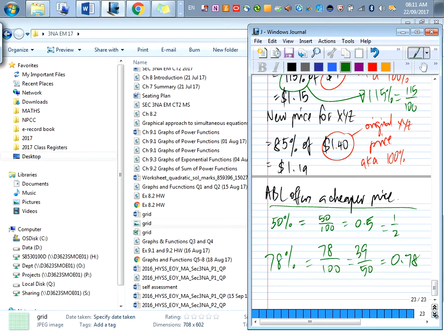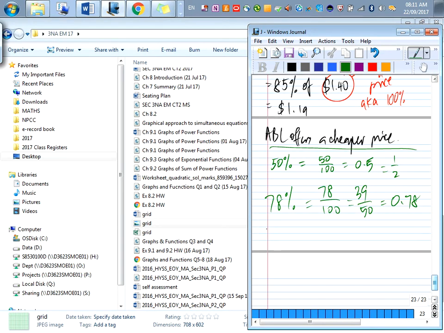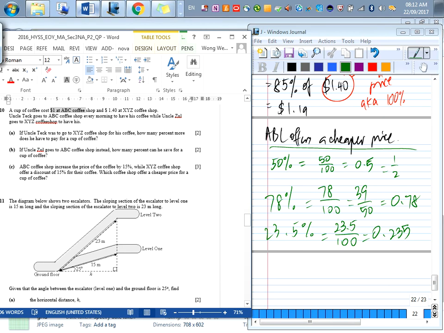One last one that you may see, 23.5%. This is 23.5 divided by 100, which is the same as 0.235. Okay? See that percentages can convert to fractions, which can convert to decimals. Any questions? No. Then question 11.